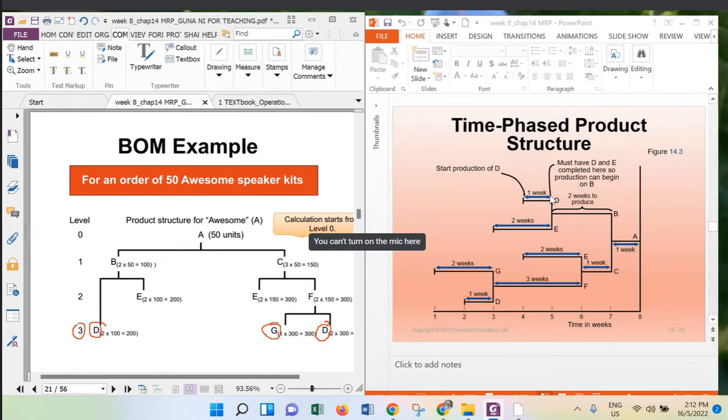Kena bayangkan sebegitu. So this, dan awak kena bayangkan this D, G and D ni, which is at the lowest level. Normally for the lowest level in a product structure, biasanya benda tu merupakan komponen.